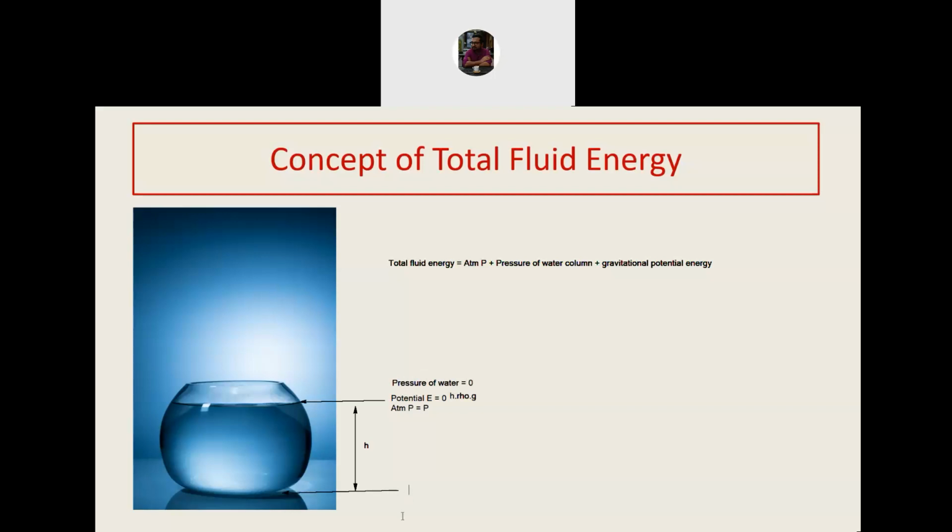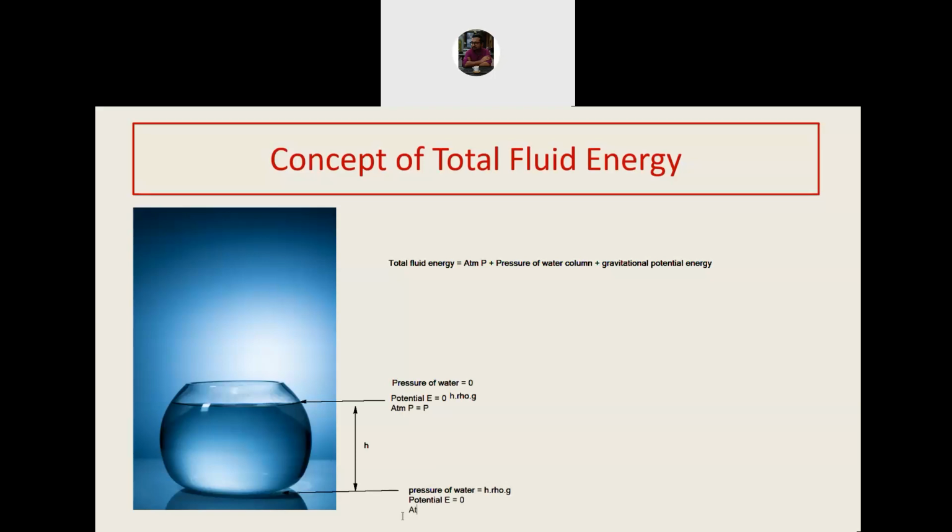At the bottom, pressure of the water is highest, and that is equal to h rho g. The potential energy is 0 because it is the ground level, or height is 0.